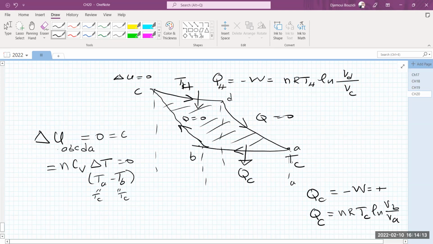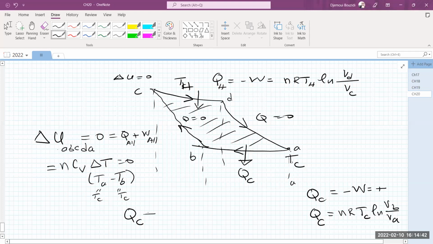Now, this is equal to Q overall, meaning from A to B to C to D to A. That's what I'm saying by all. Plus W overall, which is this area really. That's what that means. Well, for Q overall, I have to add QC, which is negative, by the way.